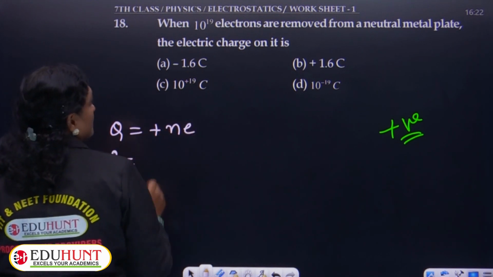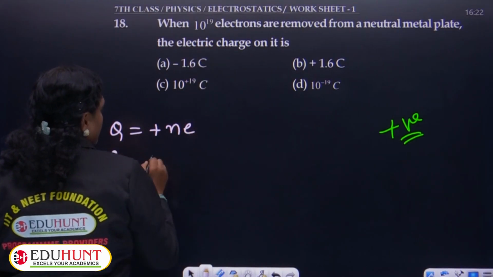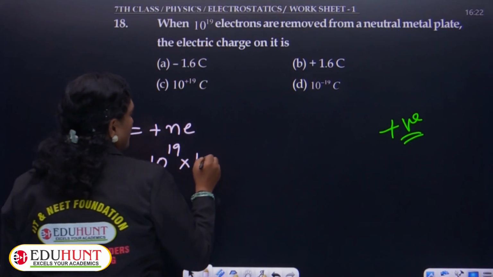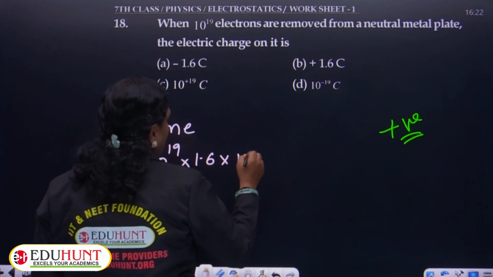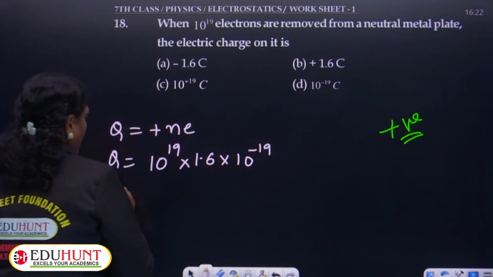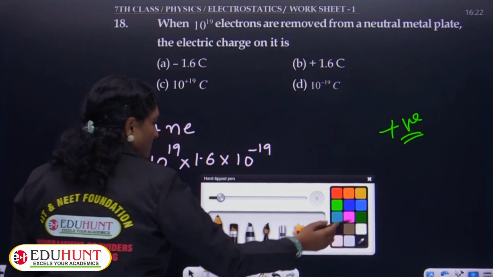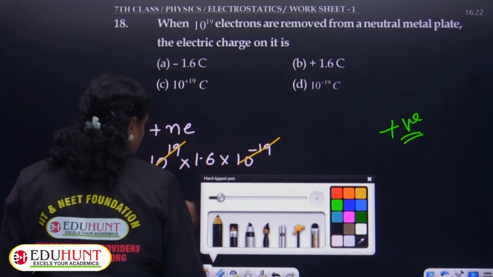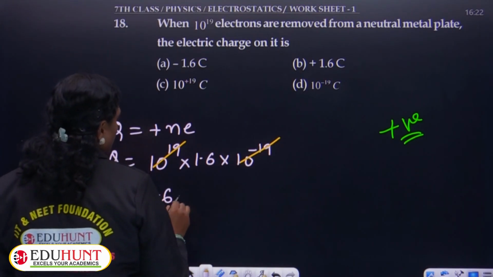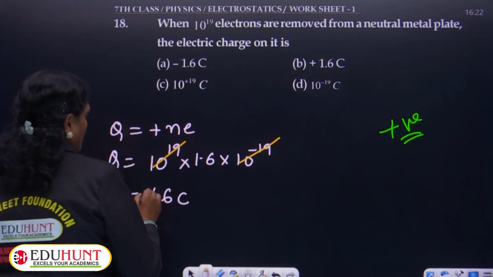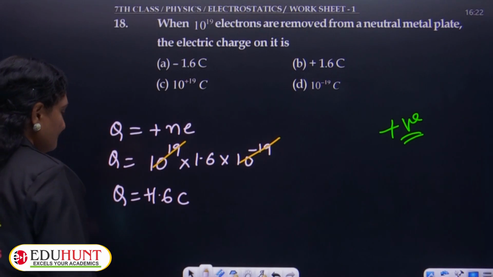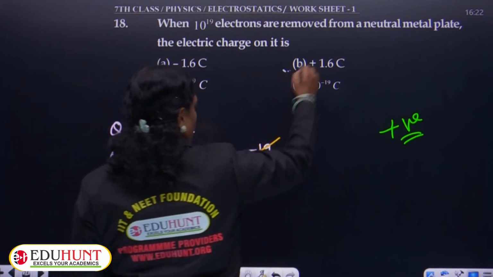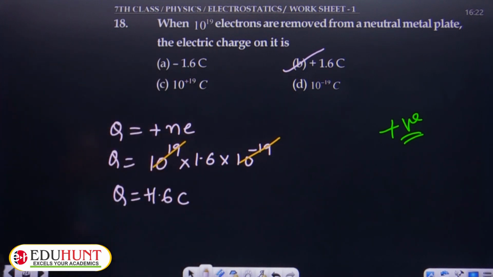N is given as 10 power 19, and the charge of each electron is 1.6 into 10 power minus 19. Hence the value of Q is found to be plus 1.6 coulomb. Hence, the correct option is option B, that is plus 1.6 coulombs.